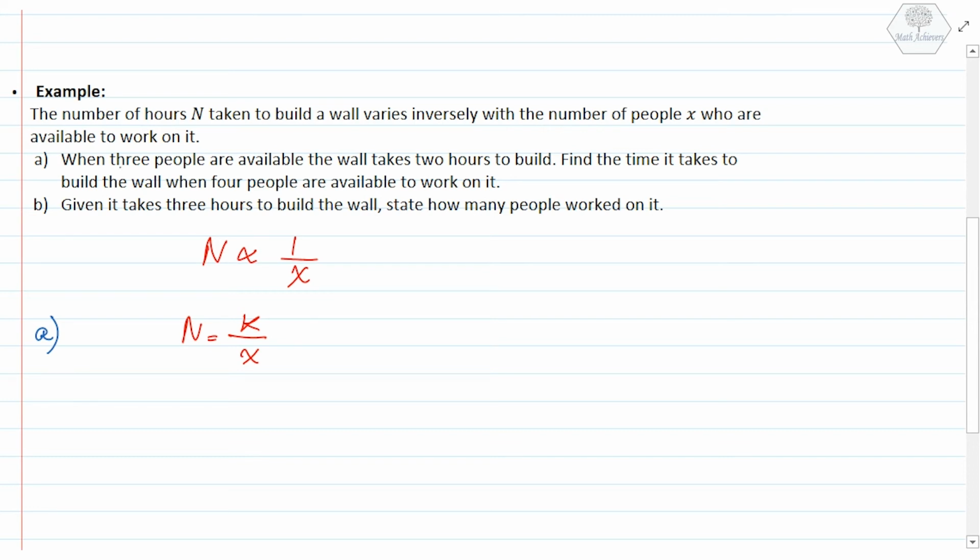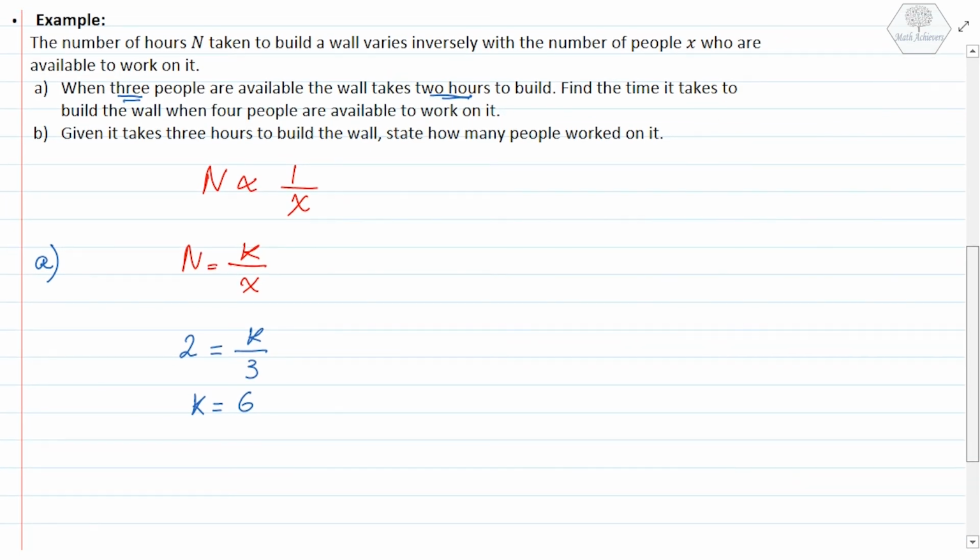It's known that when the x value is 3, the time taken to build the wall is 2 hours. So I have 2 is equal to k over 3, giving the value of k to be equal to 6. So by this, I know that n is equal to 6 over x.